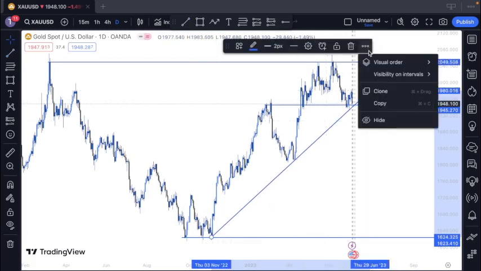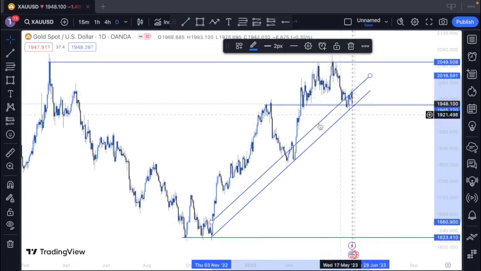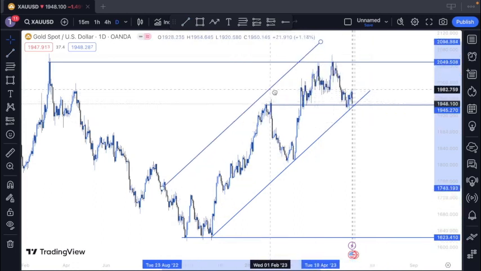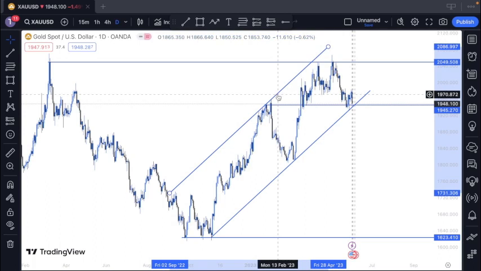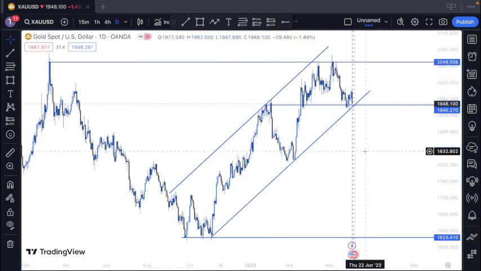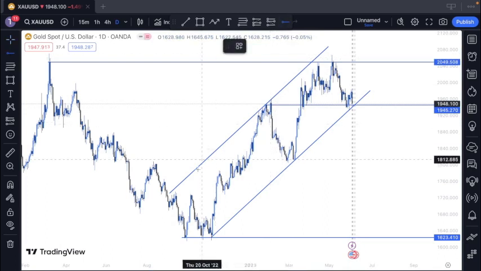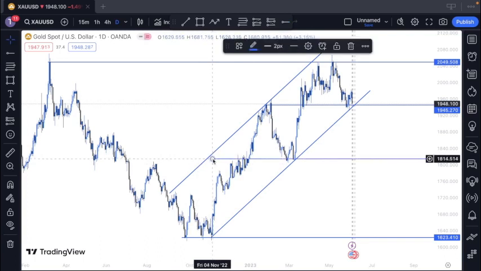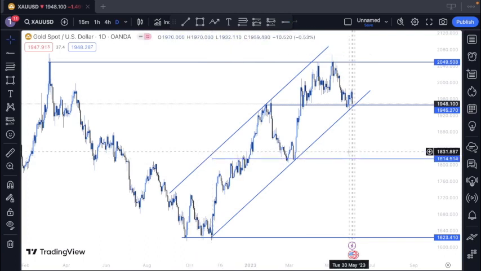Let me clone this. All right, this is what we have. This is gold for us. Looking at gold, already we can see that we are still in our bullish trend. And we know that the properties of a bullish trend are that we need to see higher highs and higher lows.